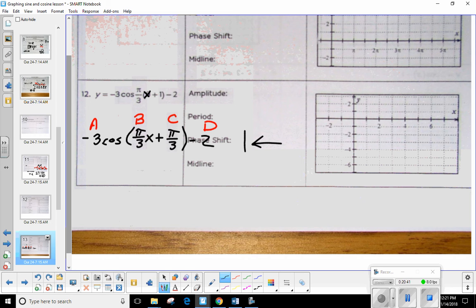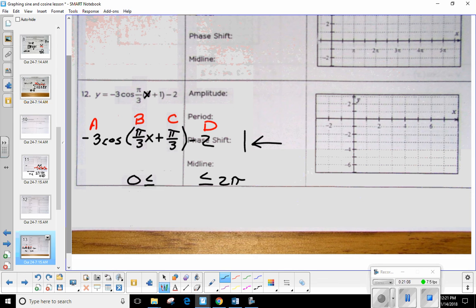Okay, well, I think the most important thing here is going to just be getting the graph. Okay, so let's go ahead and take a look at it. I'm going to say less than or equal to, less than or equal to. We always put these between what? 0, 2 pi. What's going in the middle? Pi over 3x plus pi over 3.